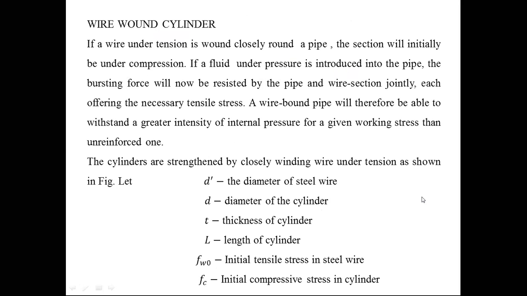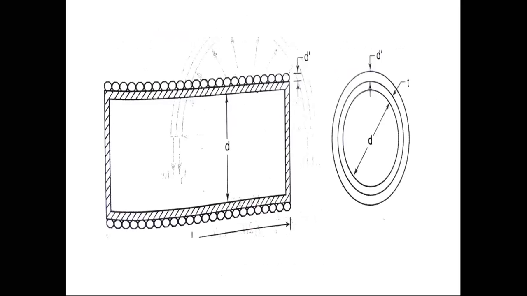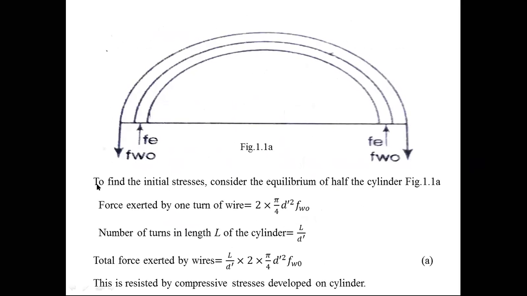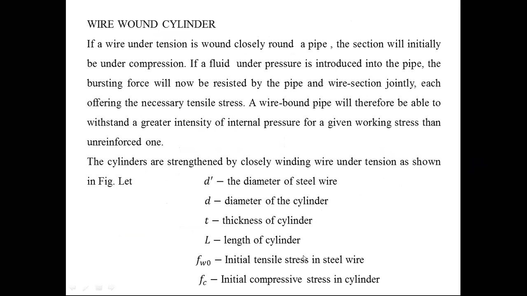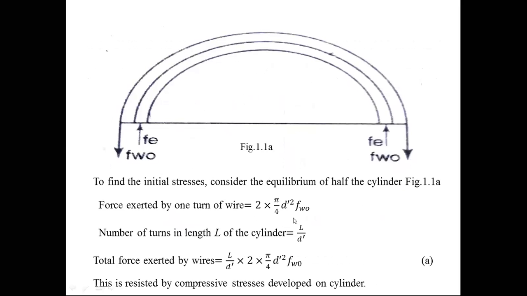Right. One problem. You can take the first half of the diameter to find the initial stress, consider the equilibrium of half of the cylinder. So in that I've already here Fw not equal to initial tensile stress, and this is the initial tensile nature of the wire, and Fc is the compressive hoop stress in the cylinder.